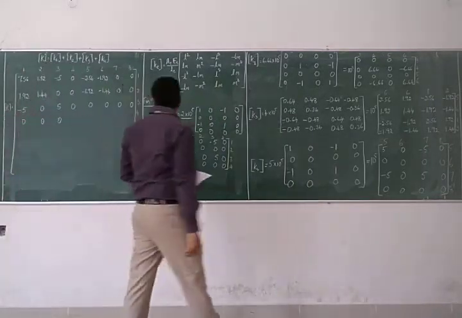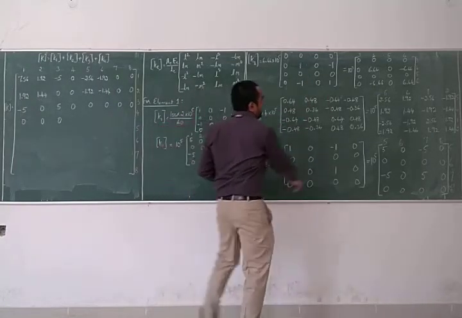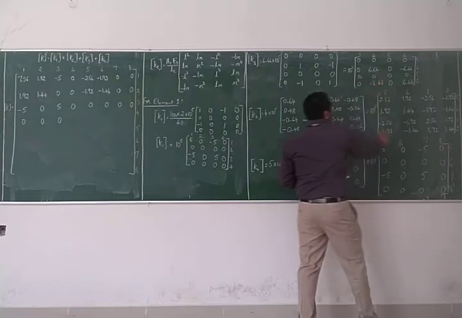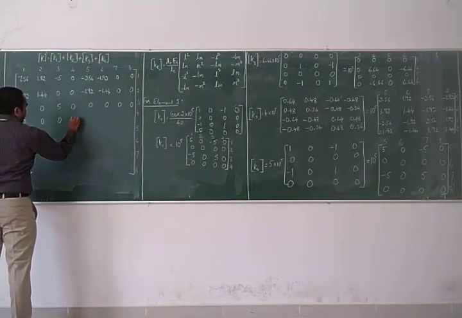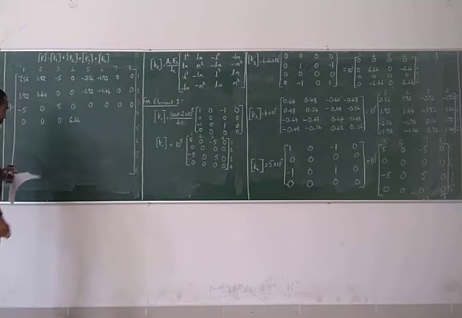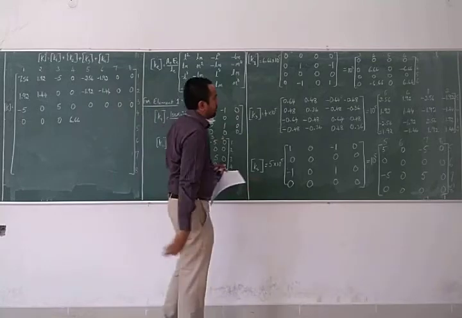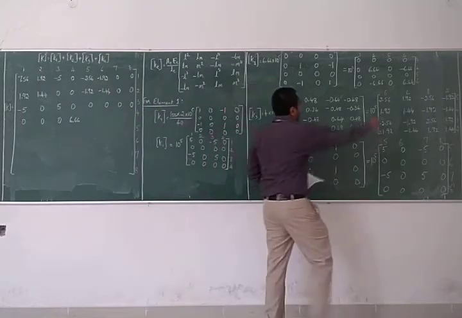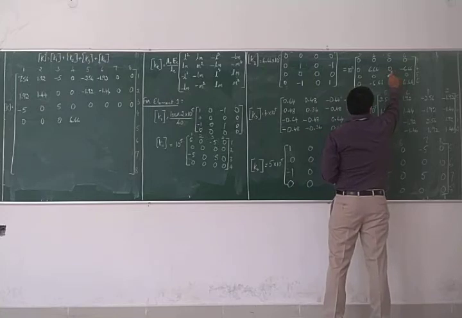Next, fourth column, fourth row is 0 here, but here it is 6.66. So I'll obtain a value as 6.66. Next, fifth degrees of freedom column and fourth degree of freedom row. 5, 4 is 0 here.